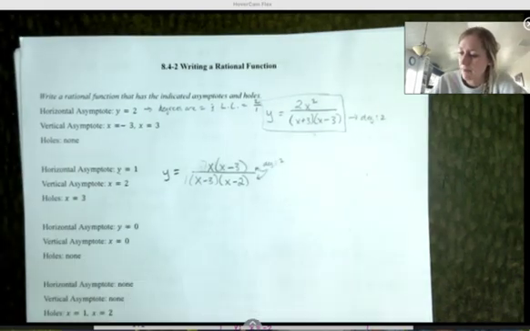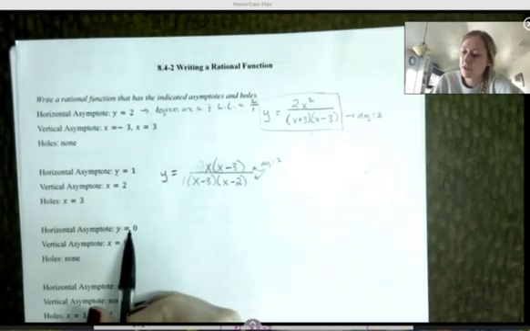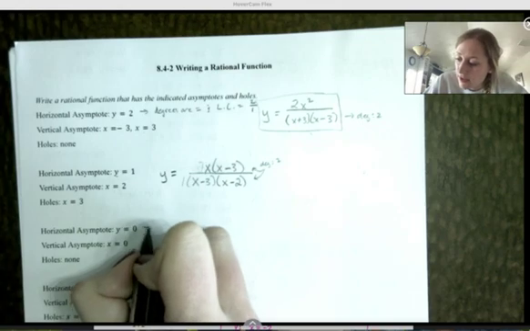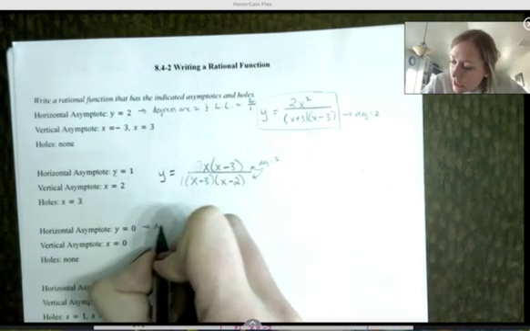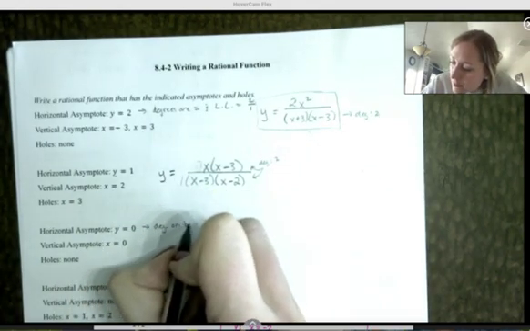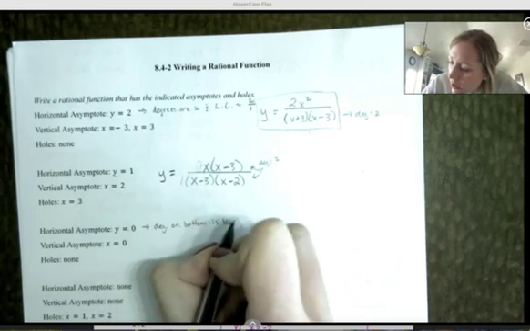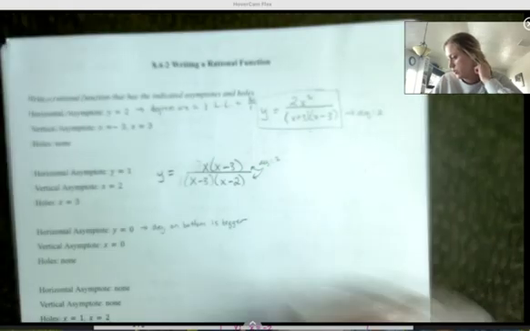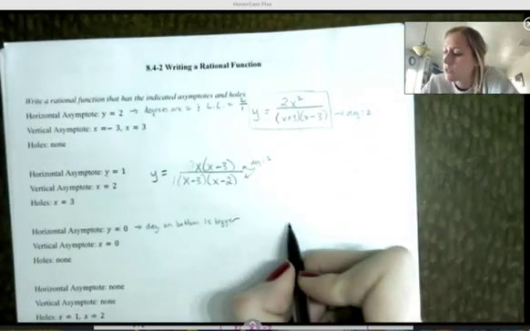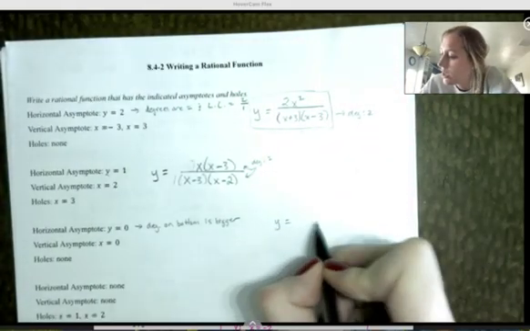Here I want my horizontal asymptote to be 0. So remember, this means the degree on the bottom is bigger. No holes. So I need the bottom to be larger.